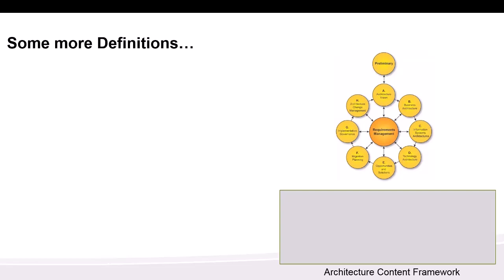Now these documents need to be organized properly. As per TOGAF, these are organized under the TOGAF Architecture Content Framework, and these outputs are categorized as deliverables, artifacts, and building blocks. Let's look at these categories in detail.